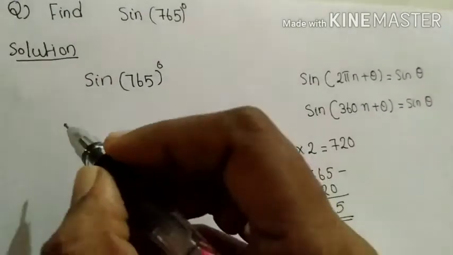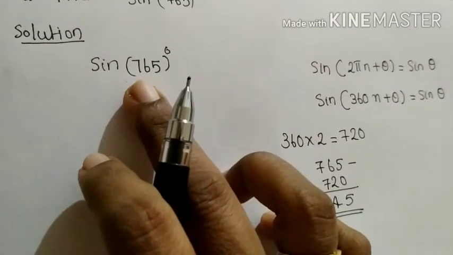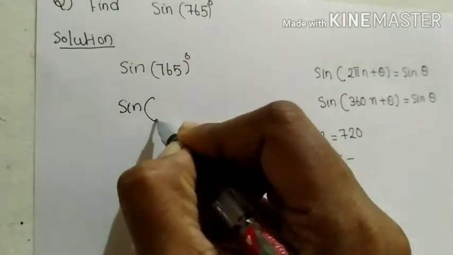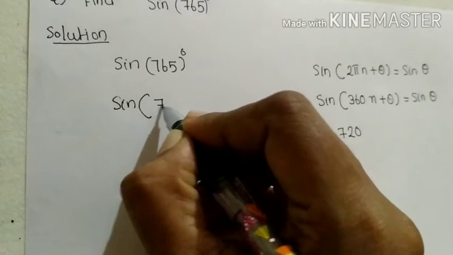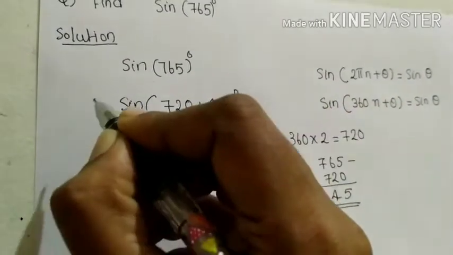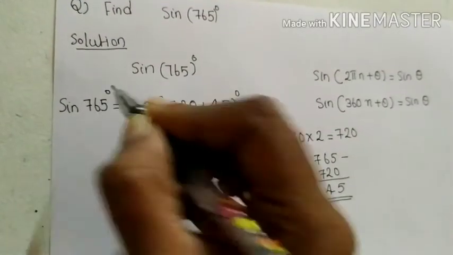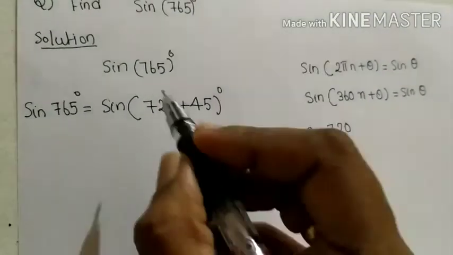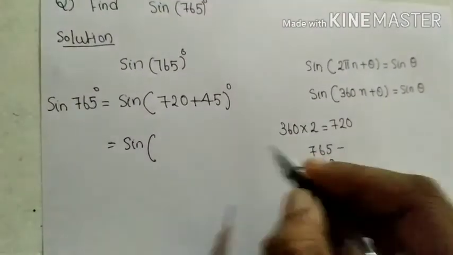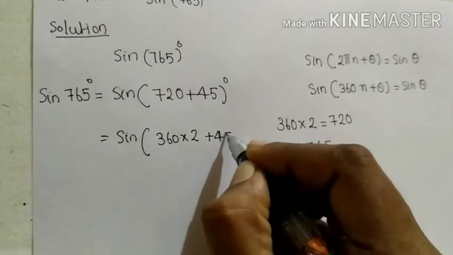Next I am going to convert this sine of 765 degree into this form, that is sine of 720 plus 45 degree is equivalent to sine 765 degree. And this 720 can be replaced by 360 into 2 plus 45 degree.